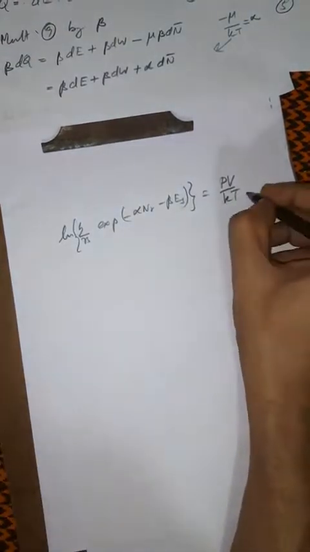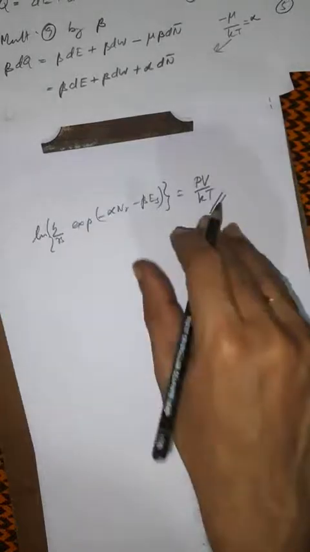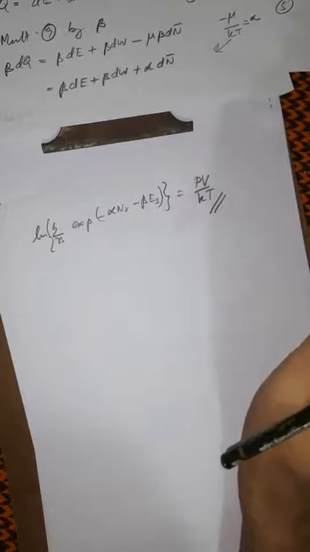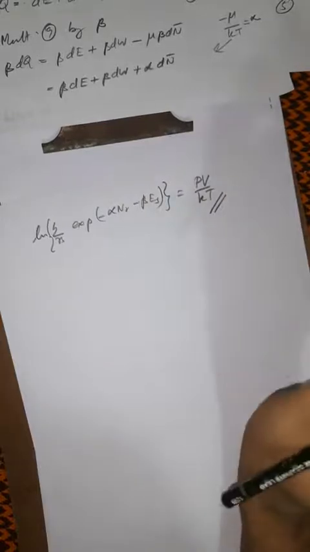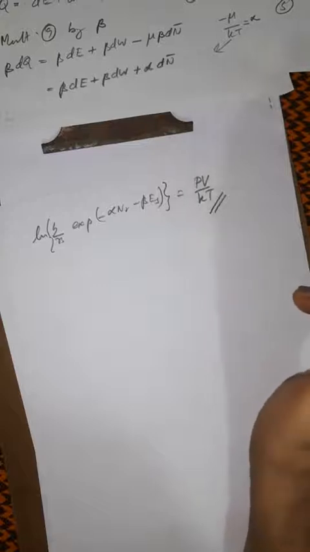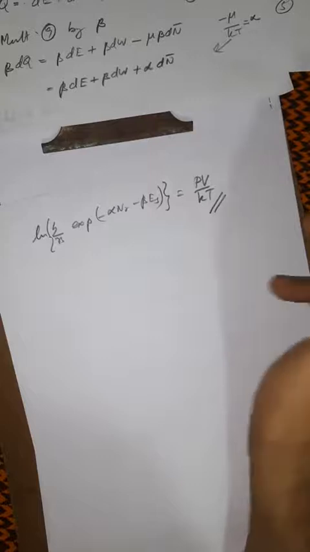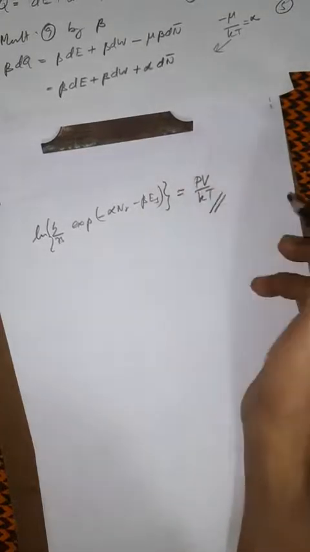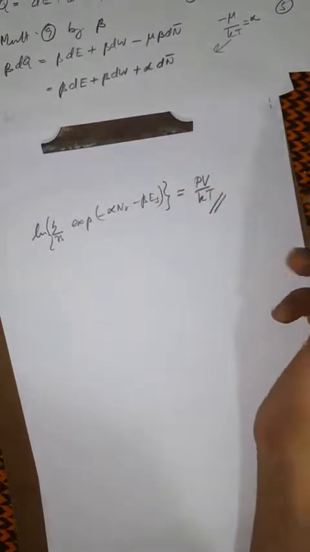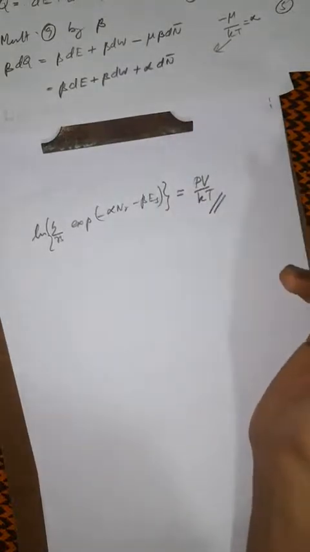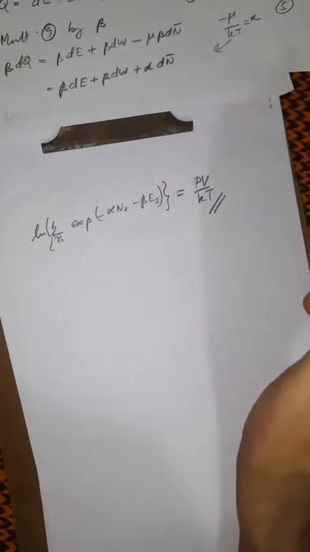So this equation forms a link between the thermodynamics of the system and the statistics of a Grand Canonical Ensemble. So that is the significance of this derivation and the q potential. If you need to calculate the q potential, one way is to write down PV by kT, right? And this equation forms a link between the statistical mechanics and the thermodynamics of a Grand Canonical Ensemble. Okay, thank you.